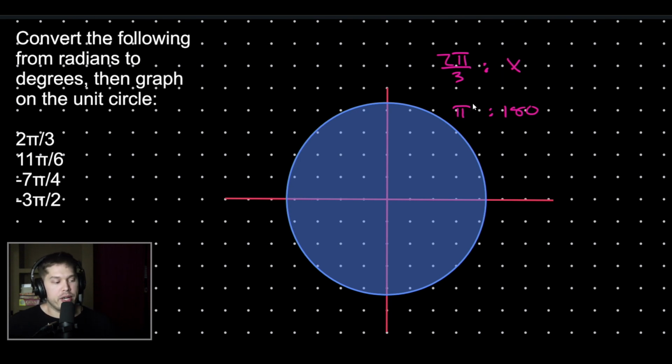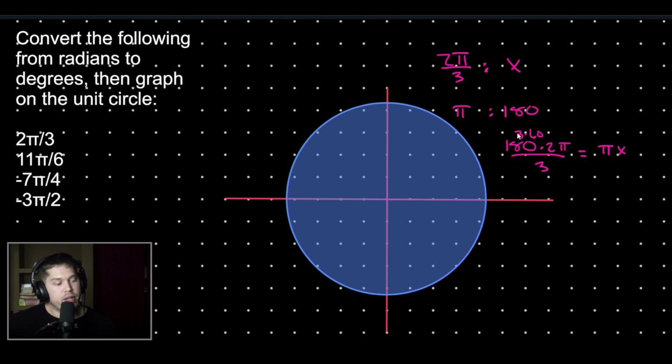So we can cross multiply and solve and get 180 times 2 pi over 3. Now there's some canceling that's going to happen. So 180 times 2 pi over 3 is equal to pi times x. So 180 is 3 times 60.